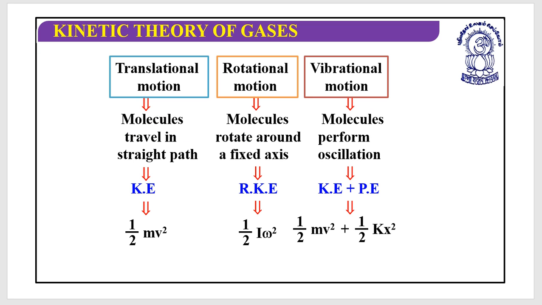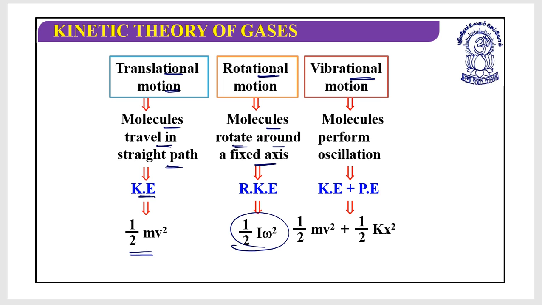Now let's look at the summary of these motions. In translational motion, molecules travel in only a straight path, and its kinetic energy is given as half m v square. In rotational motion, molecules rotate around a fixed axis only, and this is what we call half I omega square.